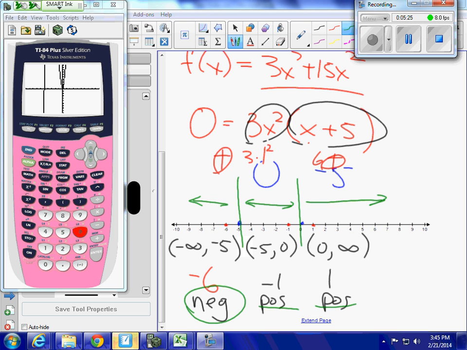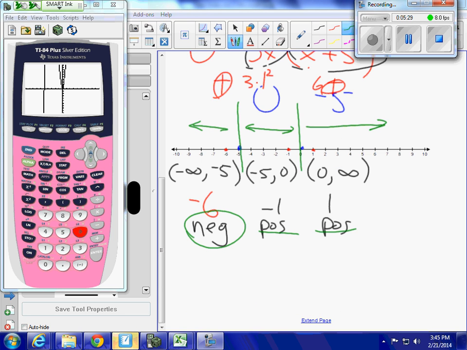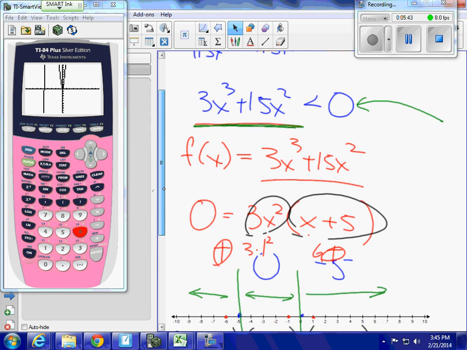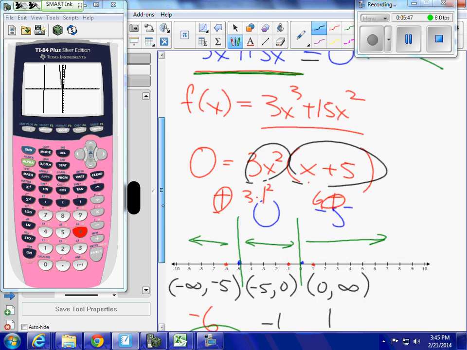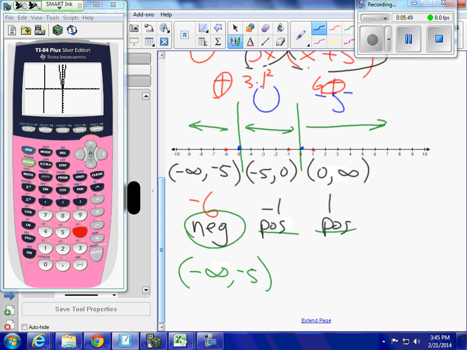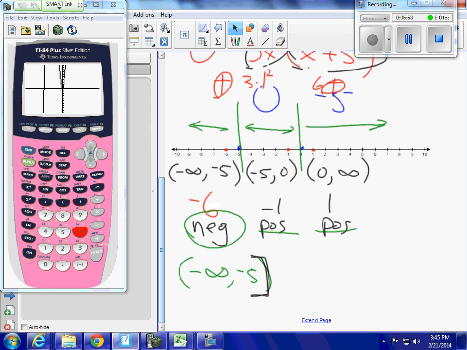This interval here is going to be positive. Positive numbers are greater than 0. So the answer to this inequality is the interval negative infinity to negative 5. And that has parentheses. Of course, negative infinity always has parentheses. If my inequality had said less than or equal to 0, then at negative 5, it would have been a bracket. That would have been covered.